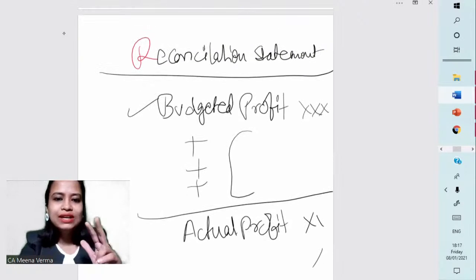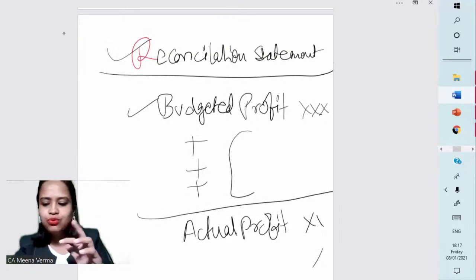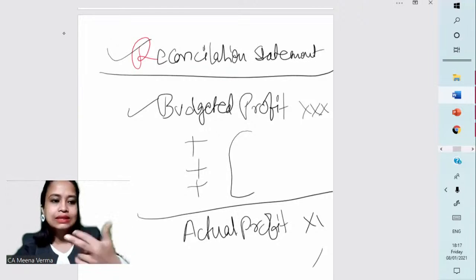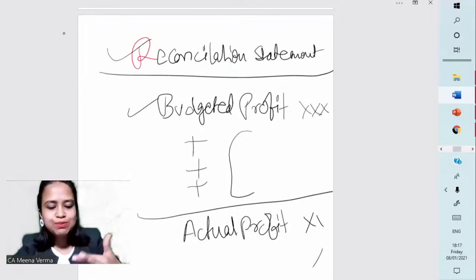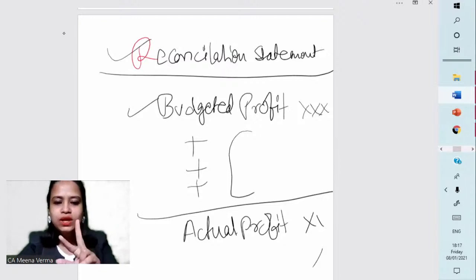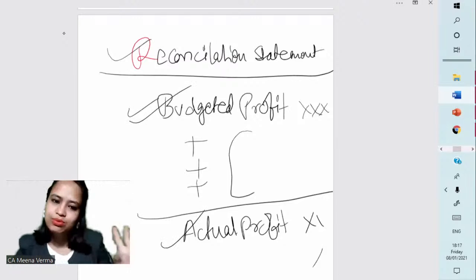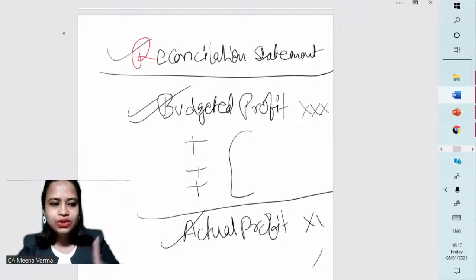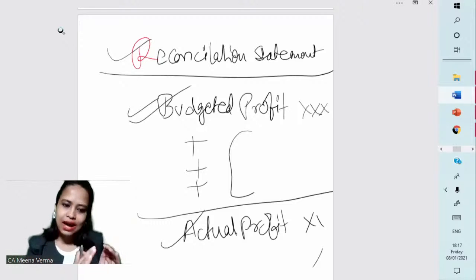So with the help of reconciliation statement, we are trying to find the reason, the variances because of which there is difference between the budgeted profit and actual profit. Why is there a difference? We have budgeted this profit, but this is our actual profit.